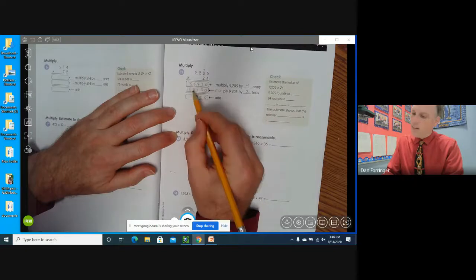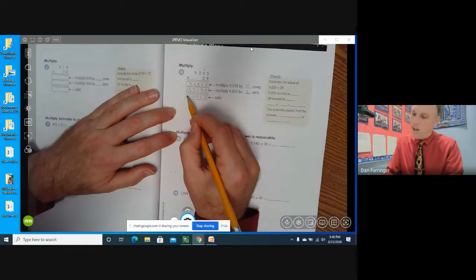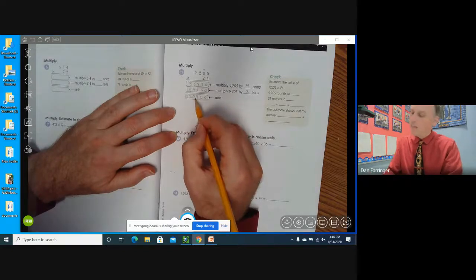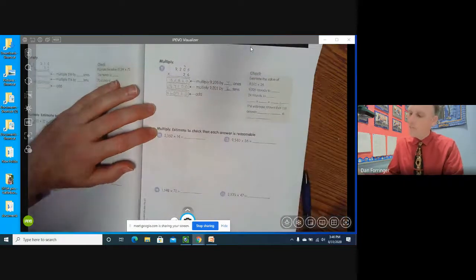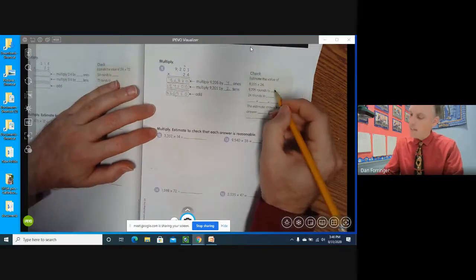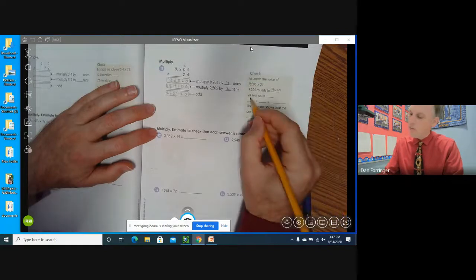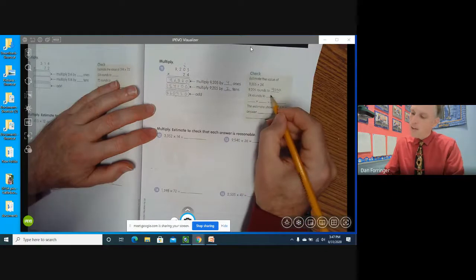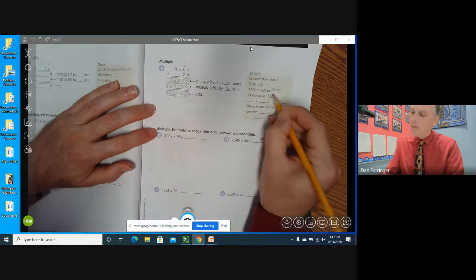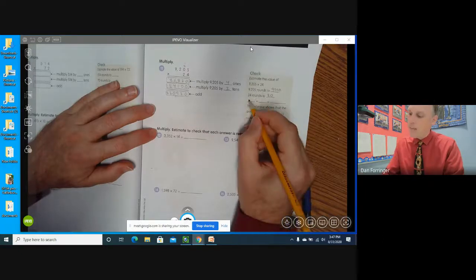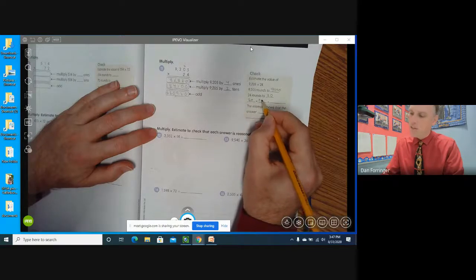Since you're doing a lot of steps here, it's not hard to make a mistake somewhere, which is why it's so important to consider if your answer is reasonable or not. 9,205 rounds to about 9,000. 24, I would probably go ahead and round it to 20, but I need to recognize that I'm rounding it a long way. So the estimate is going to be significantly less than my actual answer.